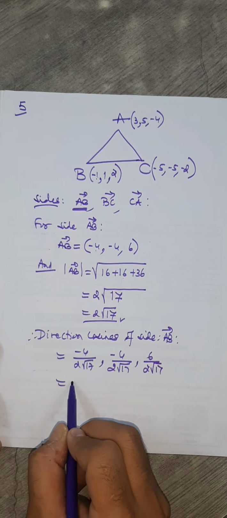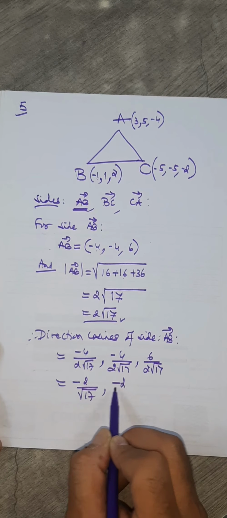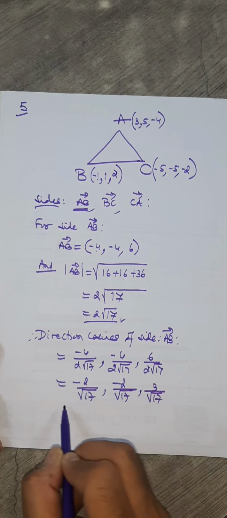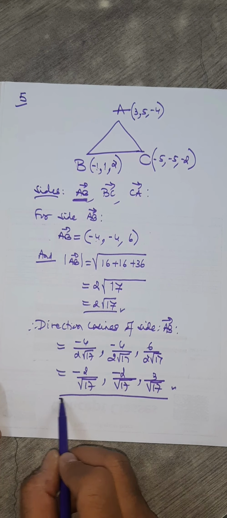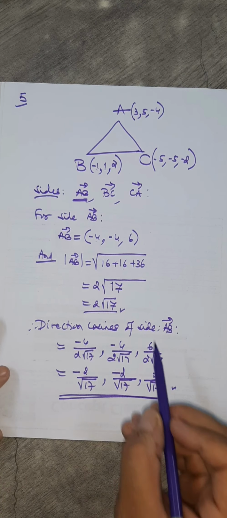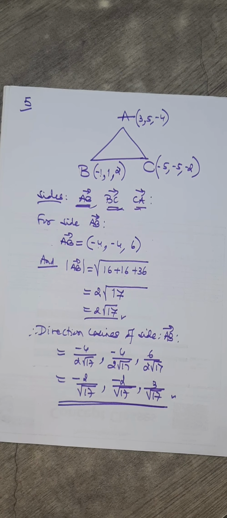And simplifying, you will get minus 2 upon root 17, comma minus 2 upon root 17, comma 3 upon root 17. These are the direction cosines for this side vector AB. Similarly, you can do it for the other sides as well. That's not a big task for you.